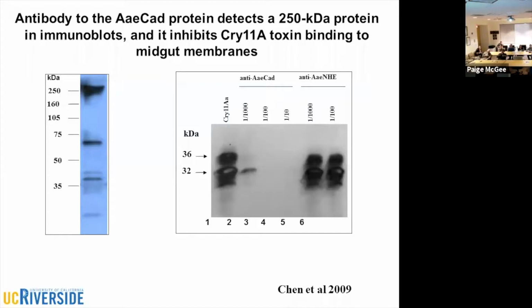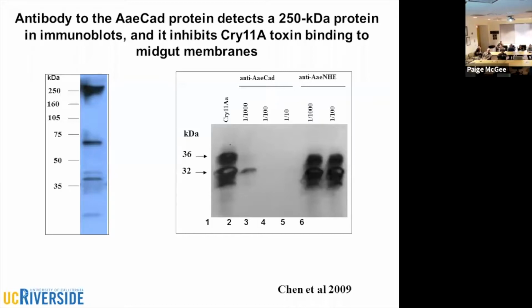Previously, we used a peptide. Now, in this case, we use an antibody to a fraction of the protein, and then do a competition assay. On the panel on the right, you can see in lane 1 is where the toxin is able to bind. It binds in high amount to the brush border membranes of the mosquito.